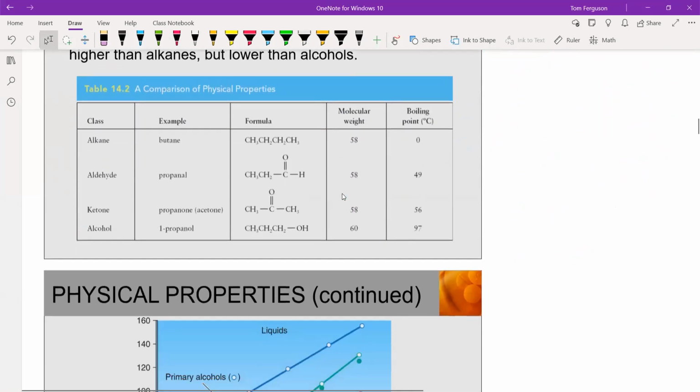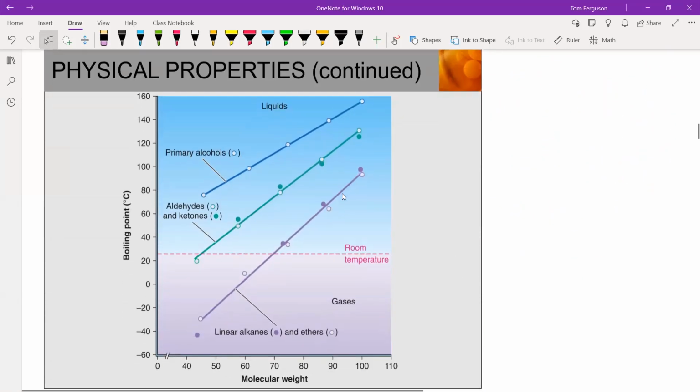All right. Physical properties. Aldehydes and ketones are kind of halfway between. Don't forget, down here we have alkenes also, and we have all alcohols are high. Now, you need to know for this unit where these lie.